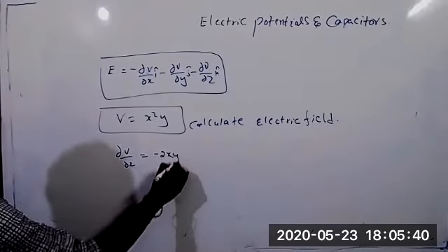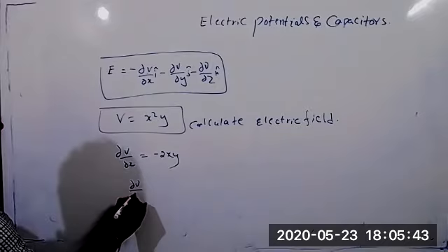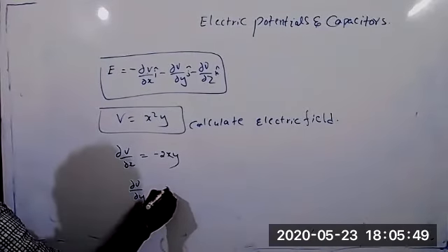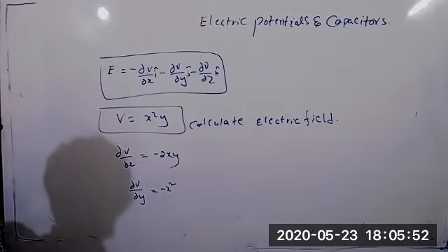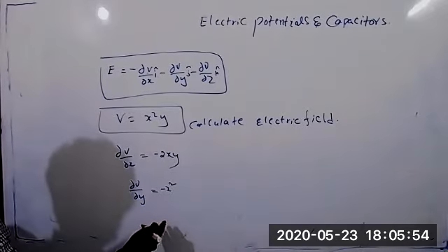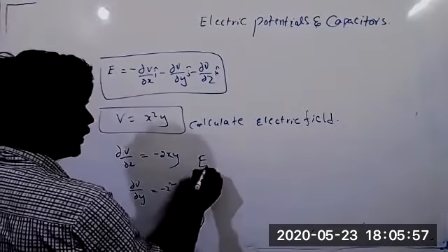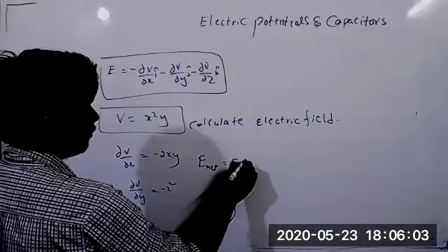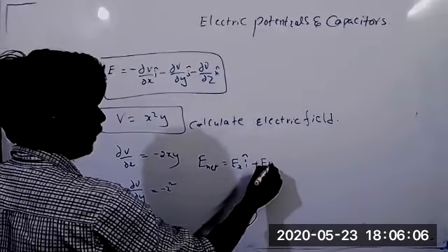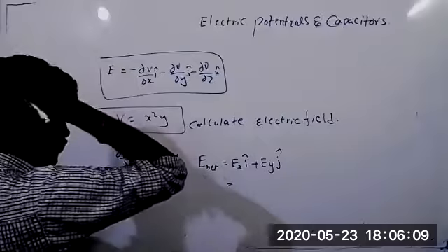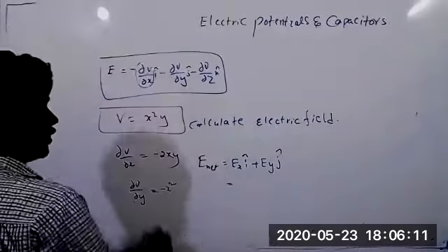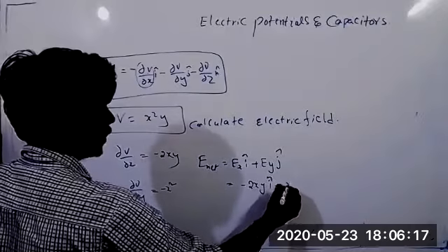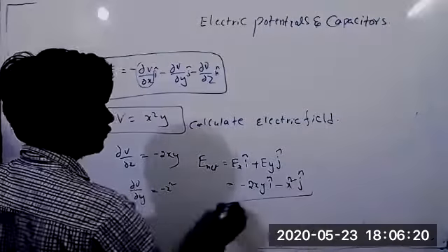Dou v by dou y is minus x square. Now for the electric field you can't leave it like this. Immediately you have to write E net equal to Ex i cap plus Ey j cap. So here it is minus 2xy i cap minus x square j cap.